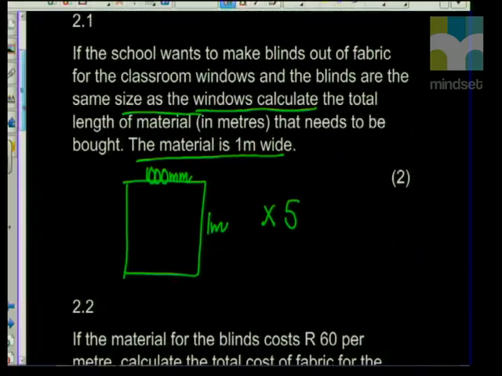If I'm talking about how much fabric, they tell us that the material is 1 meter wide. 1,000 millimeters is 1 meter wide, so all I need to worry about is the actual length of each of these drops. And they've given us that information, which is 1 meter. So all I need to say then is 1 meter times 5, which is equal to 5 meters altogether.